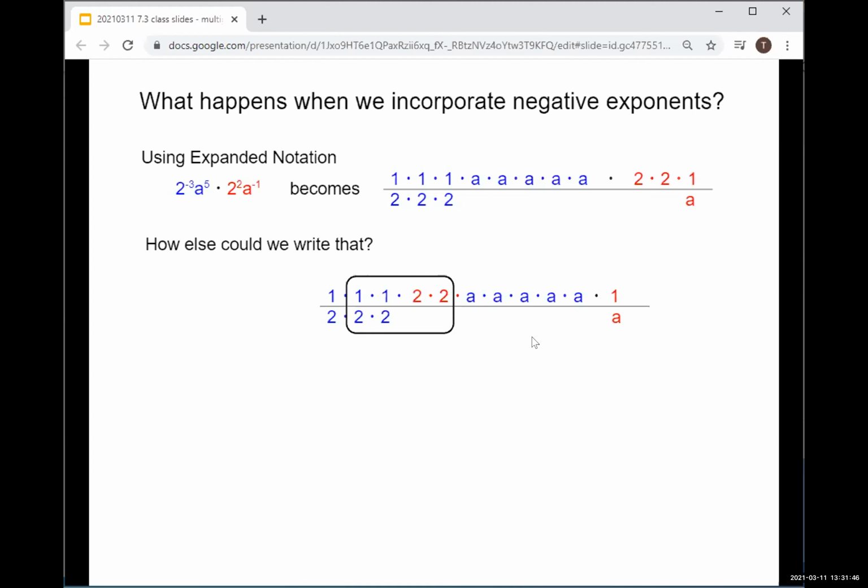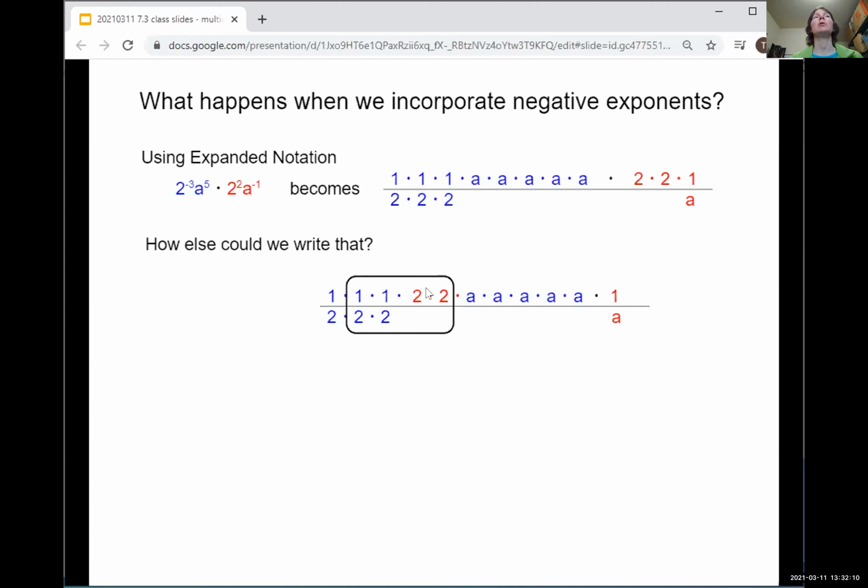You would get 8 for the top row. No, just what's in this box here. So 1 times 1 is 1, times 2 is 2, times 2 is 4, right? And then on the bottom, it's 2 times 2. So I would still get 4. So 4 over 4 is 1.